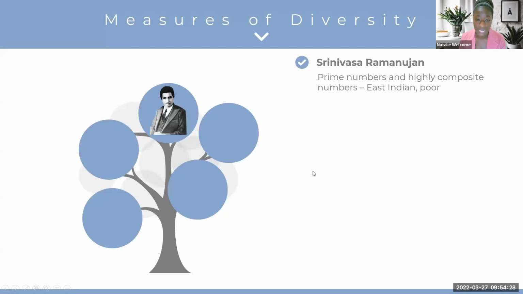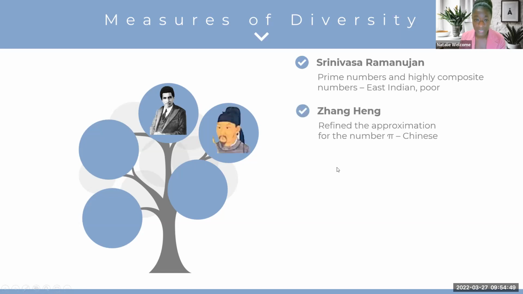We start with Ramanujan, and with respect to the content we're studying in the pre-calculus classroom, prime numbers would be his area of interest, and he was poor. He was East Indian. We consider that a measure of diversity, his ethnicity and his socioeconomic class.